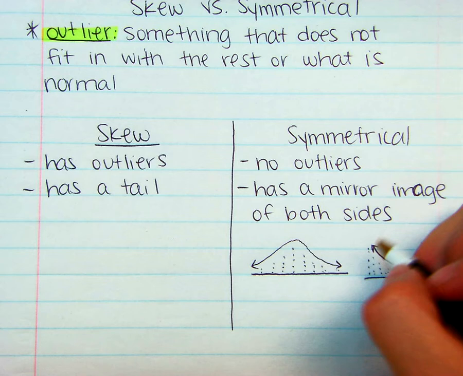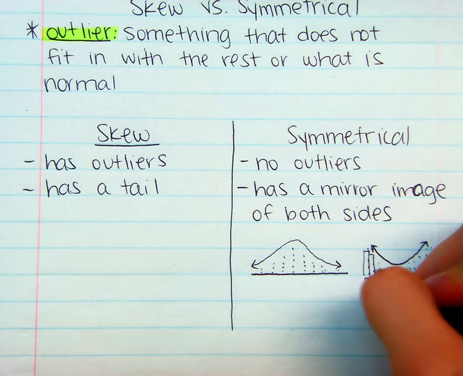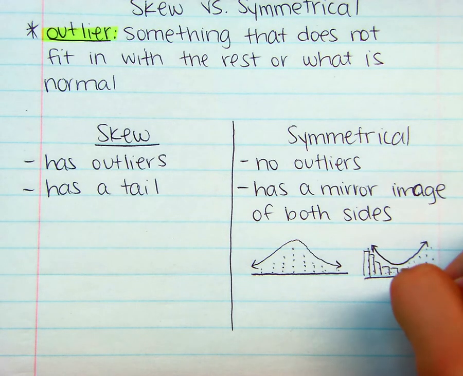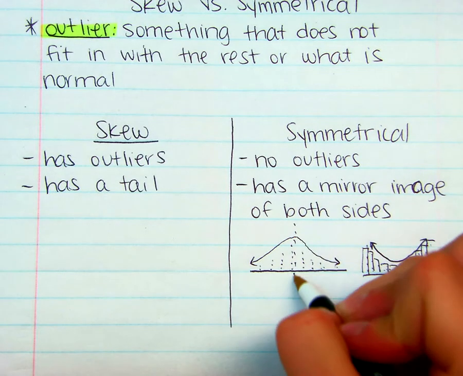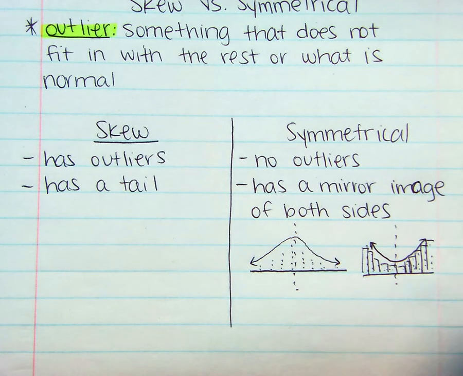We could also make these bars so that they are a histogram. You could draw a line down the middle of it and it looks like a mirror image of itself. You could flip it over.